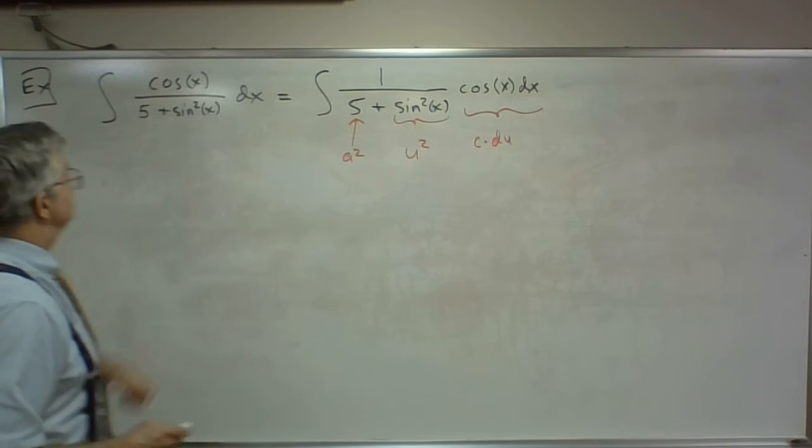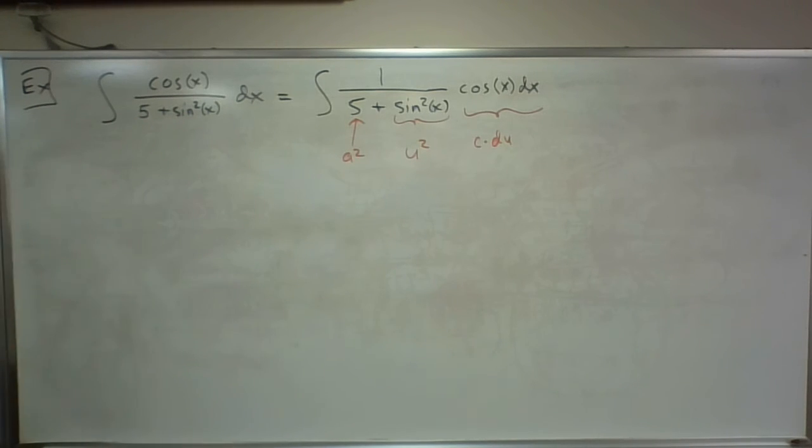A squared is 5. So what is 5? What is A? Square root of 5, right? Hey, it's a positive real number, no problem here.